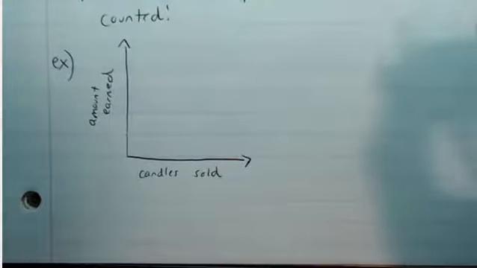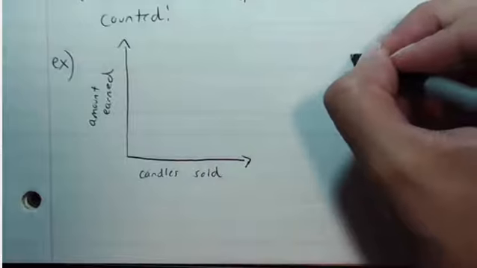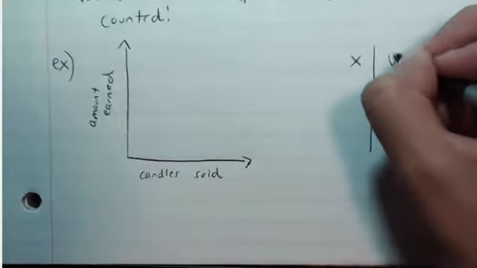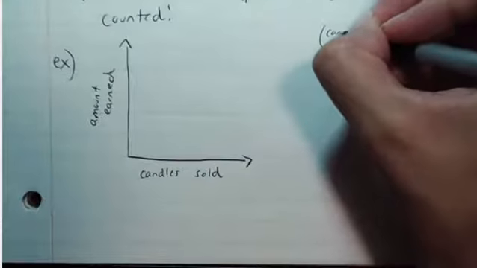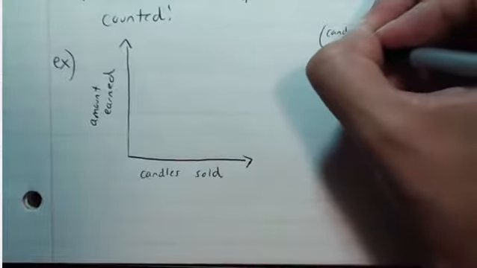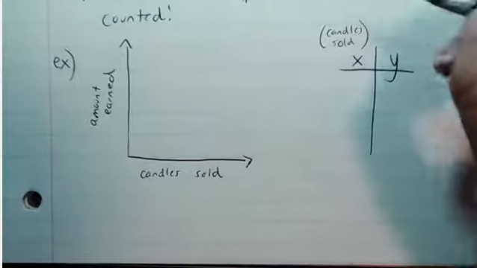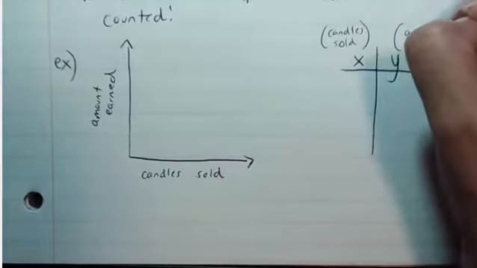And some other information I'm going to give you is the actual T-chart. So let's say our X and our Y. Again, remember X was our candles sold, and Y is the amount earned.